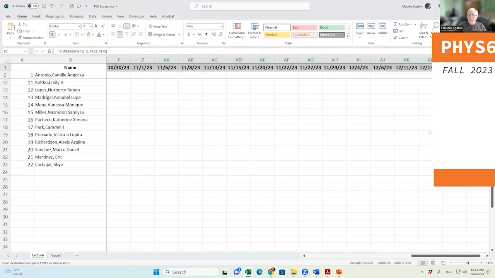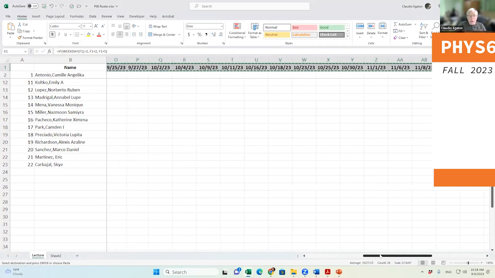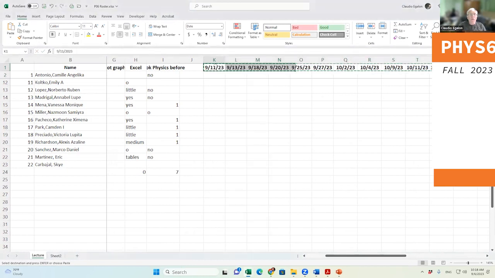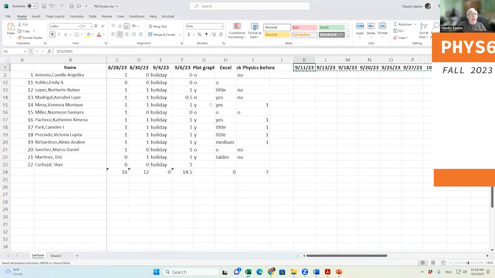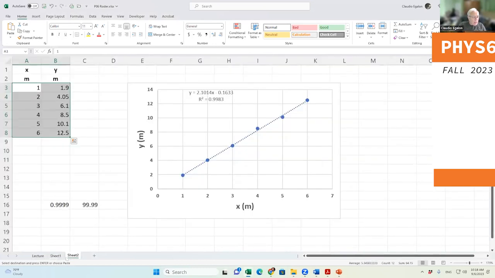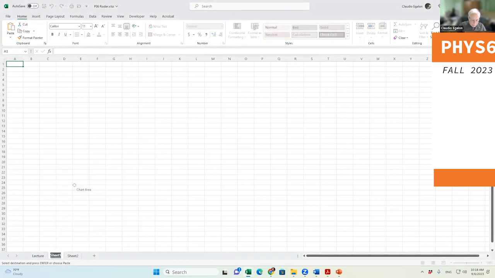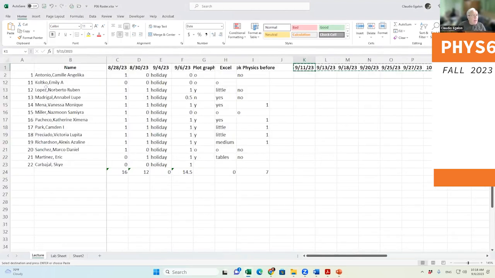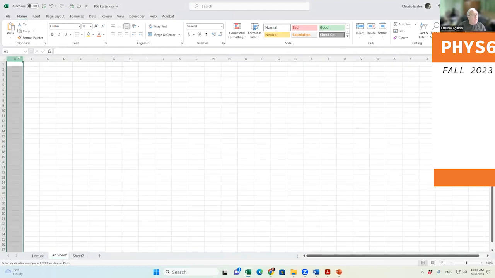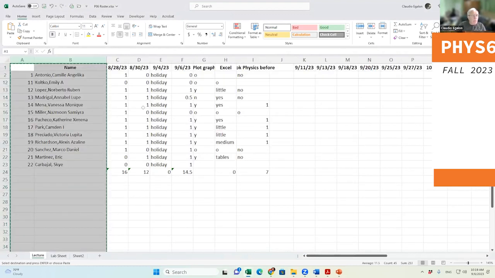Excel has some tricks here that are very nice to learn. And what I'm doing here, I'm using one of those little tricks. And I'm going to create a lab sheet, right? And copy and paste here. I'll put just the labs, one page.